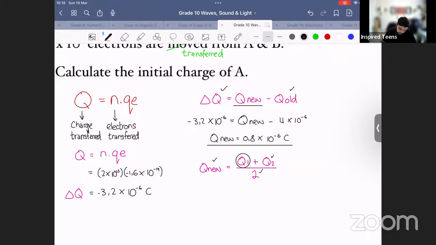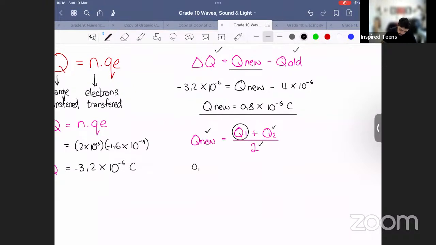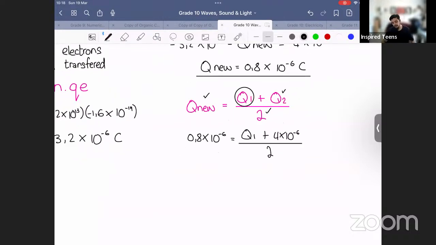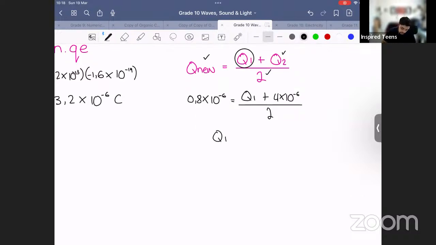So we substitute: Q new, 0.8 times 10 to the negative 6, is equal to Q1, which is what we want to solve for, the charge of A, plus Q2, which is 4 times 10 to the negative 6, divided by 2. So it becomes 1,6 minus 4, which is negative 2,4. Q1 is negative 2,4 times 10 to the negative 6, which is basically negative 2,4 microcoulombs. Sorry, this should be in coulombs.